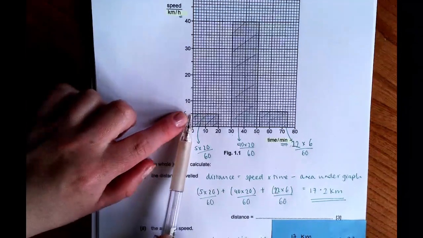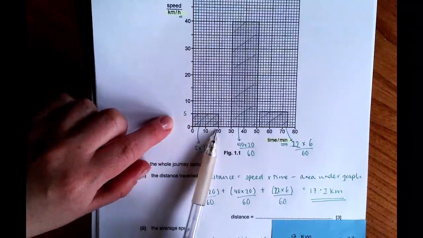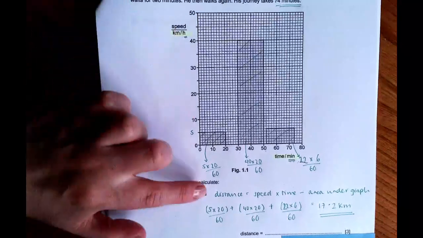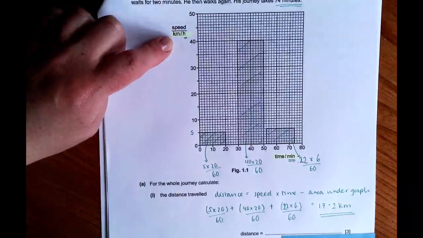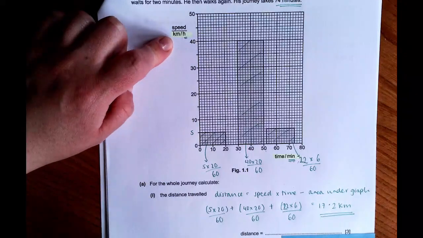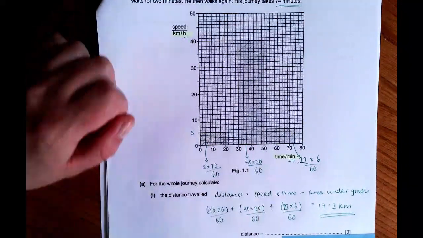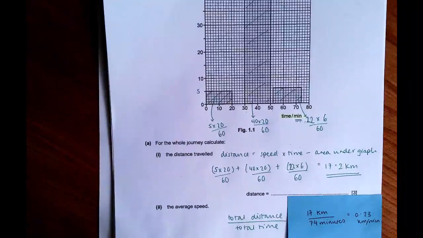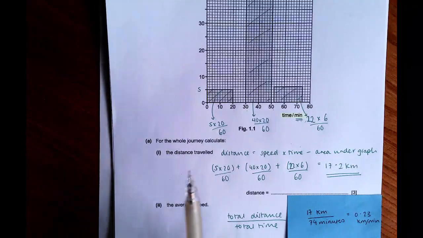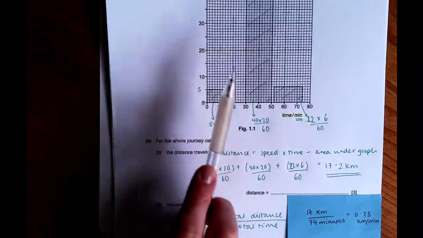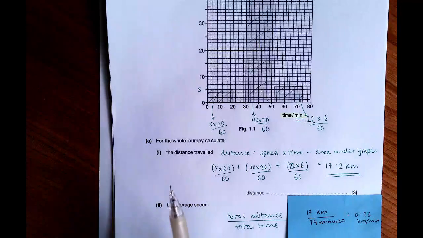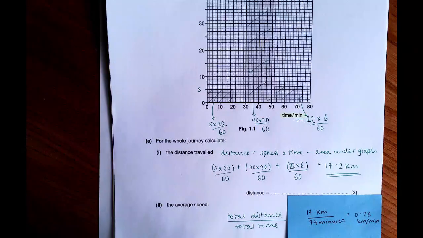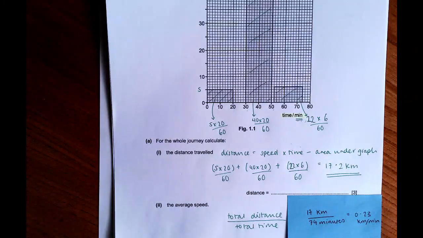What I've done is found the area by these values, obviously 5 times 20 here, but that is then being divided by 60 so that I can find the speed in kilometres per minute, so that it matches the time unit, because a kilometre per minute multiplied by a minute gives me kilometres. So you add them all together and you will get a value of 17.2 kilometres.